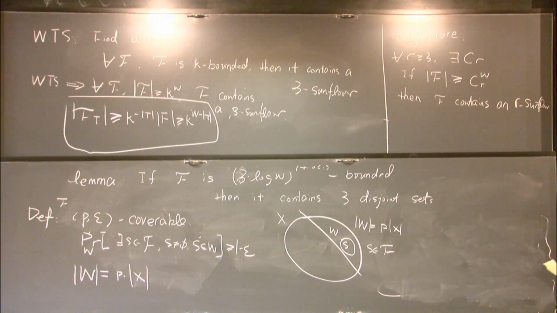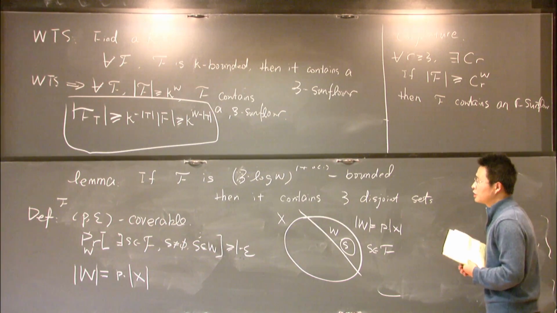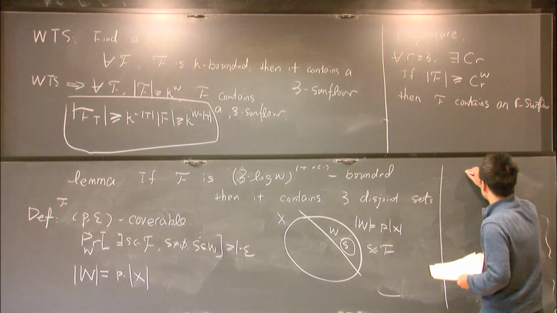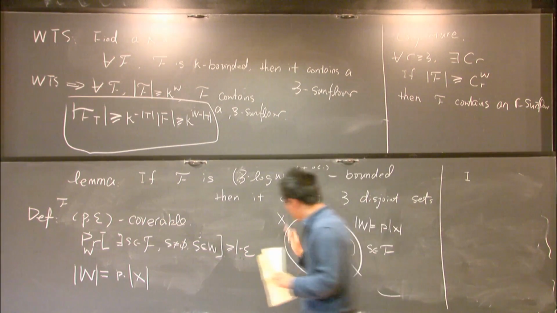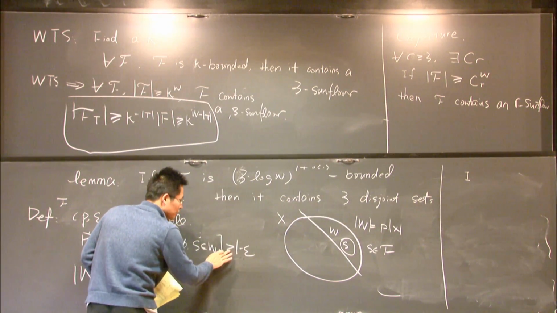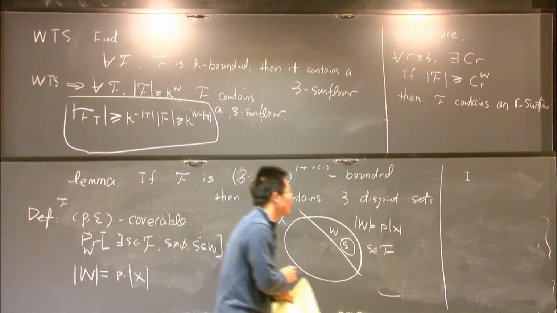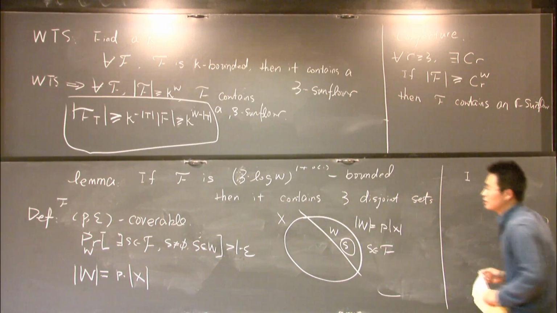Now, why we introduce the definition of P epsilon coverable is that we have a simple lemma. Sorry, I want to change the definition here to be exactly larger than epsilon.